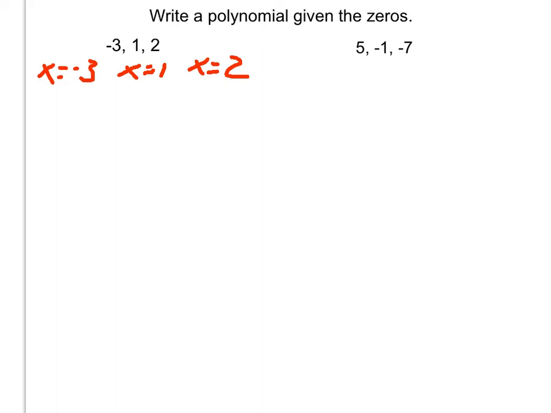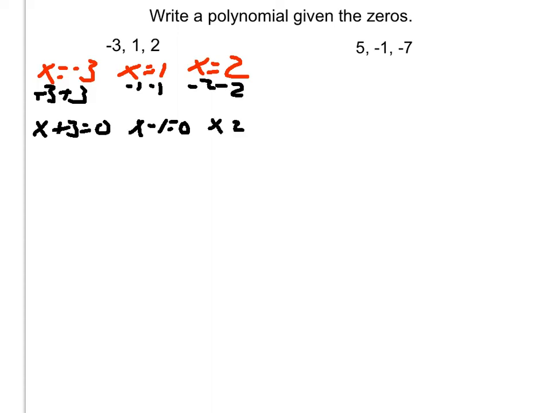Now we're going to take that knowledge and we're going to set each of them equal to 0, which means we're going to add 3 here. So x plus 3 equals 0. Here we're subtracting 1. So x minus 1 equals 0. Here we're subtracting 2. So x minus 2 equals 0.